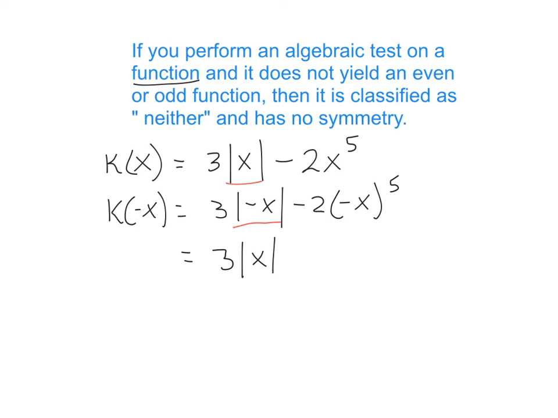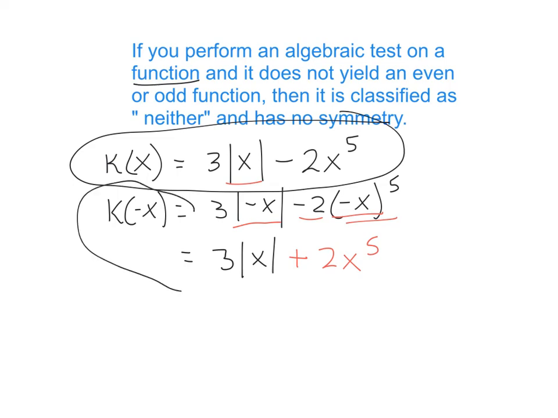But when I simplify this quantity, negative x times negative x, 5 factors, times a negative 2, well, the negative x to the fifth is going to be negative, times a negative is going to be a positive 2x to the fifth. So here, when we compare k of x to k of negative x, they're not exactly the same, so they're not even. They're not exactly opposites, so they're not odd.